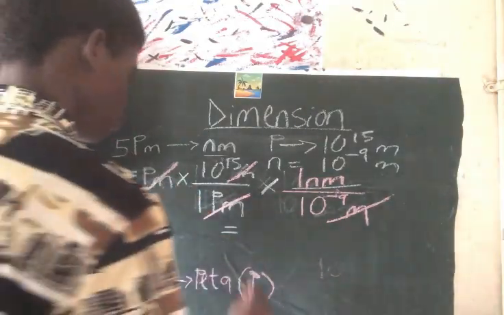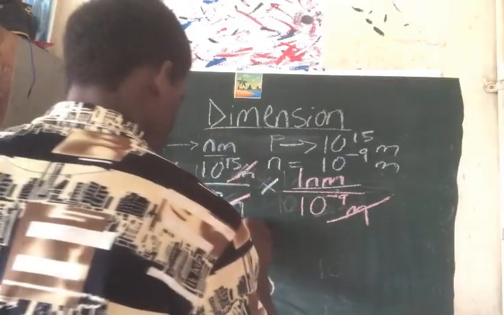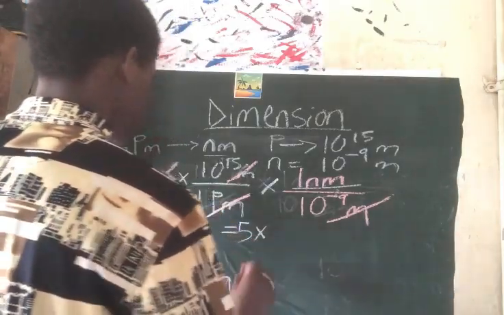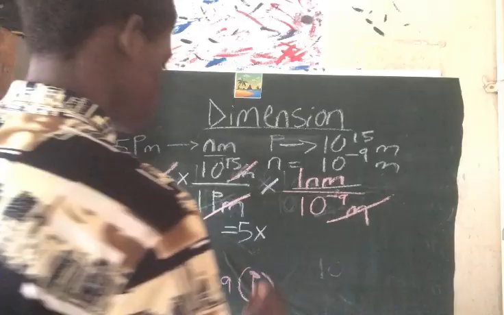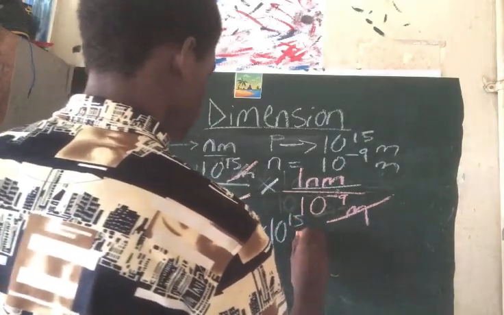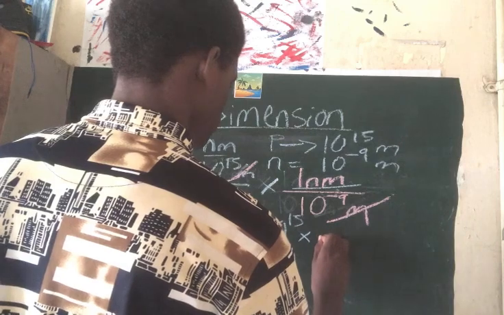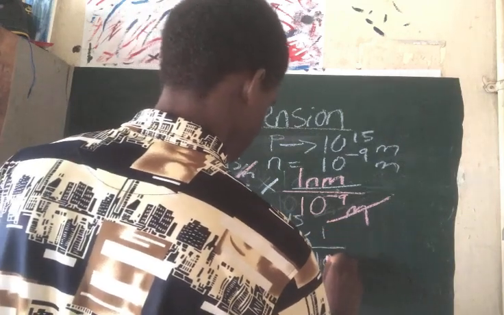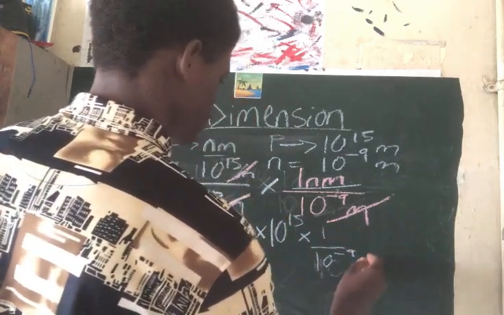So just multiply all the values together. As 5 times 10 to the power 15, times 1 over 10 to the power minus 9, times nanometer.